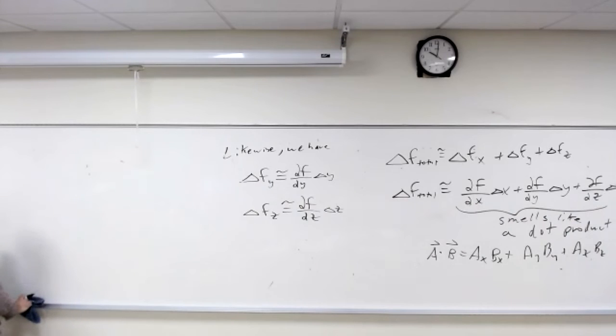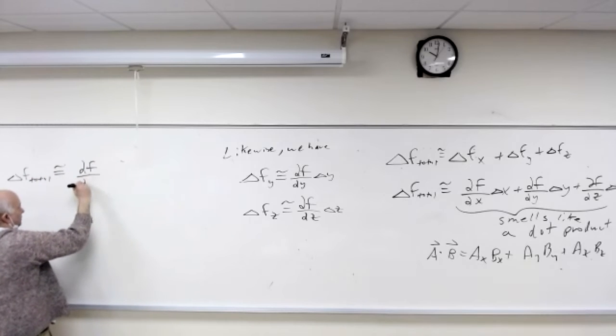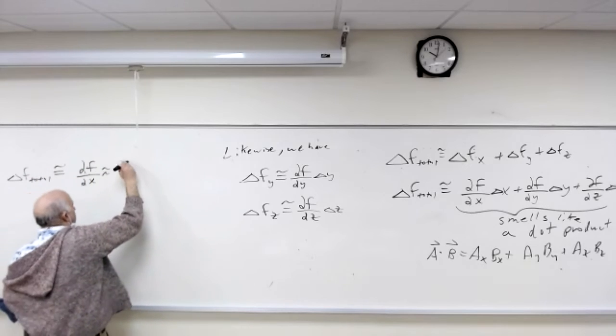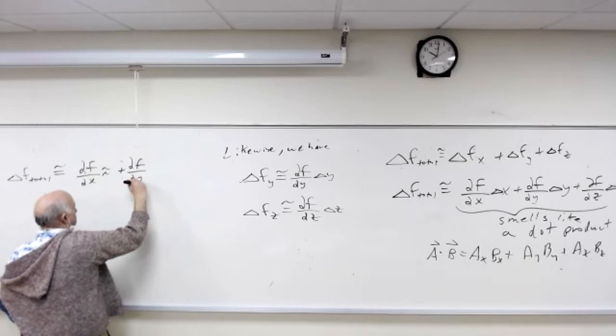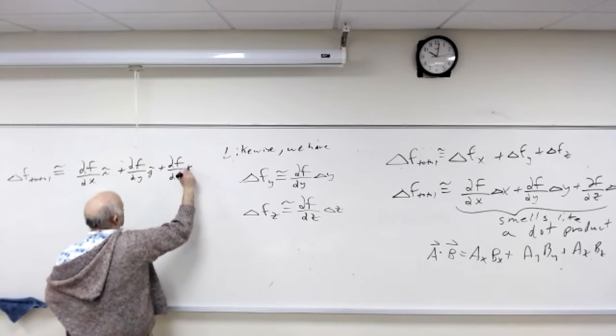So I'm going to say that this is approximately equal to the partial of f with respect to x, i hat, plus the partial of f with respect to y, j hat, plus the partial of f with respect to z, k hat.